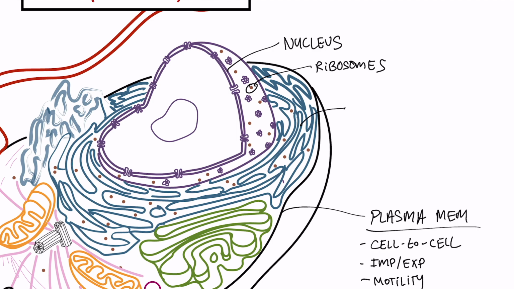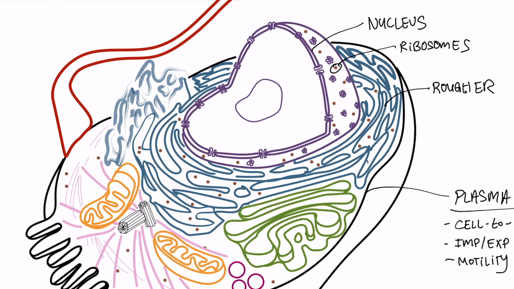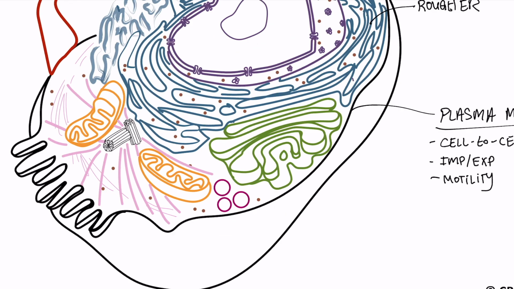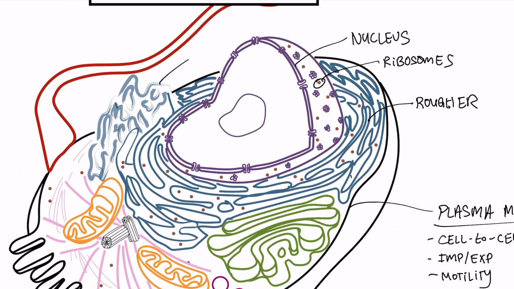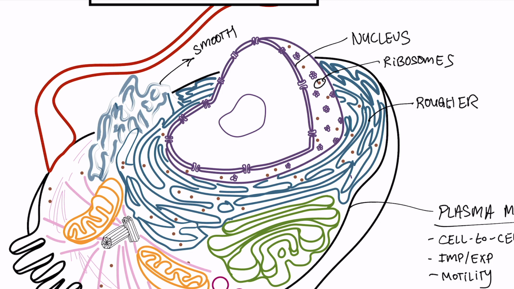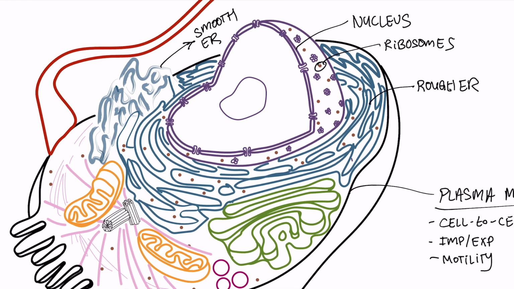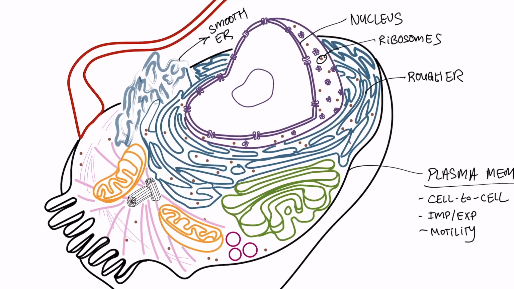The ones studded with ribosomes are the rough ER, while here to the left, the endoplasmic reticulum that's not studded with ribosomes is the smooth ER. The rough ER and the smooth ER will be involved in processes like protein modification, calcium ion storage, and steroid synthesis. We'll go into that in more detail later in the lecture.